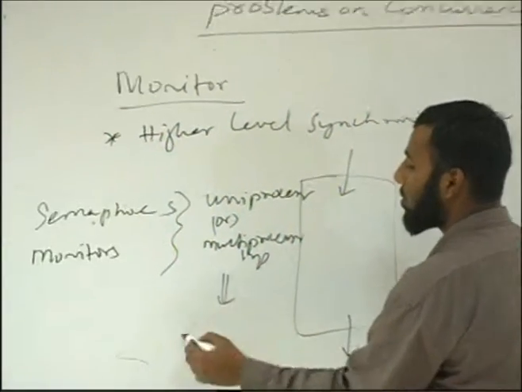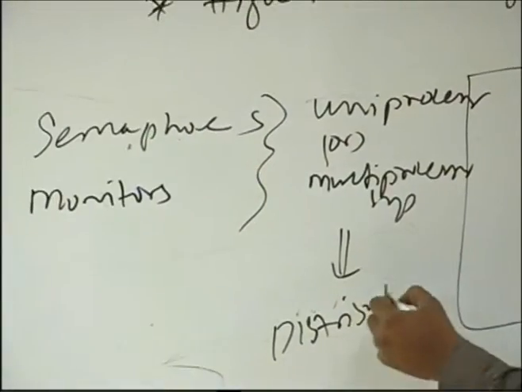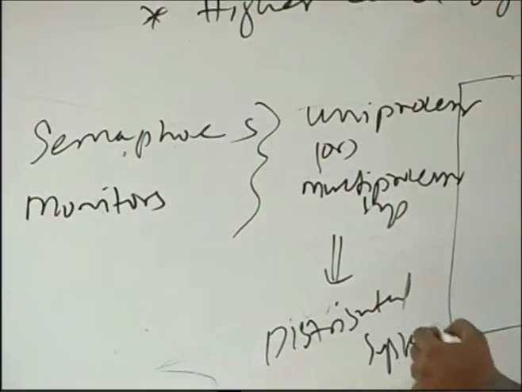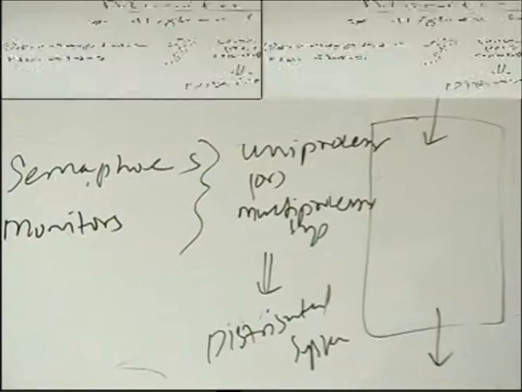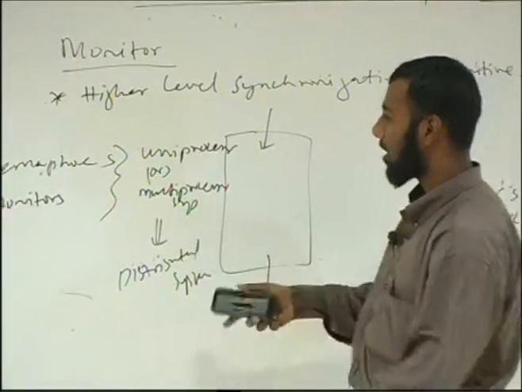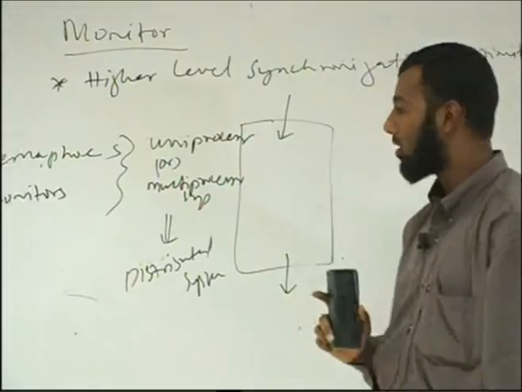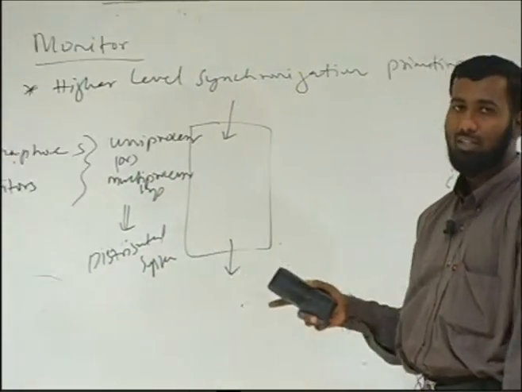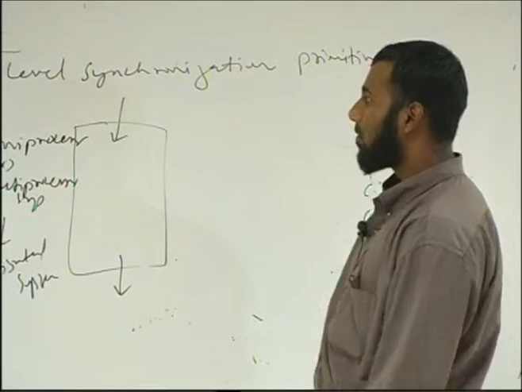But when you go to distributed systems, they cannot be used for process synchronization. So when the architecture moved from uniprocessor to multiprocessor, semaphores and monitors are good. But when it goes to a distributed system, that doesn't work. So this is what it is about monitor.